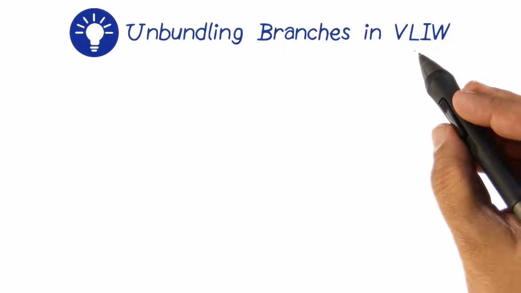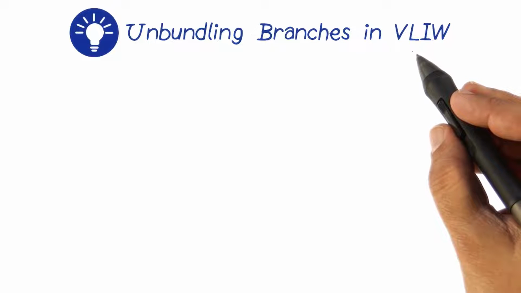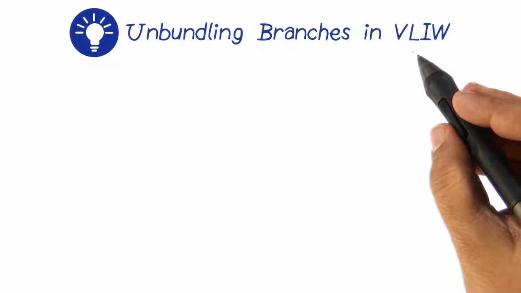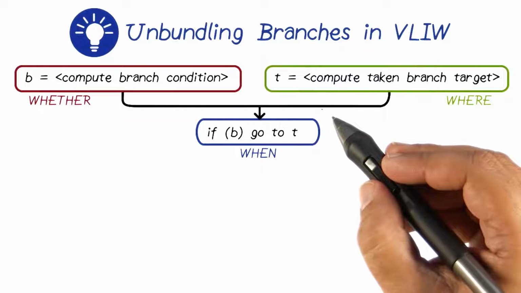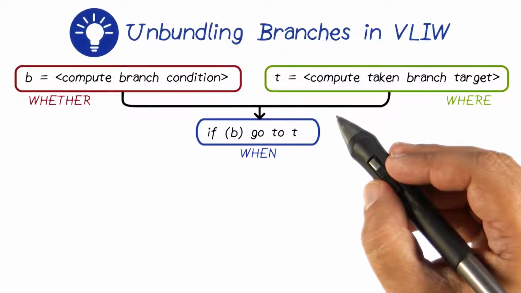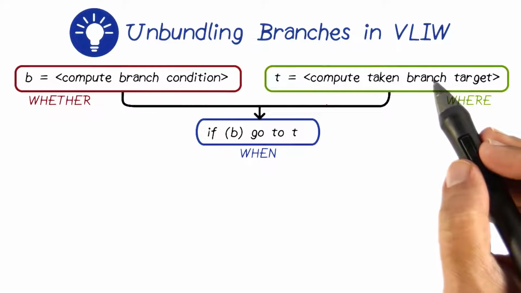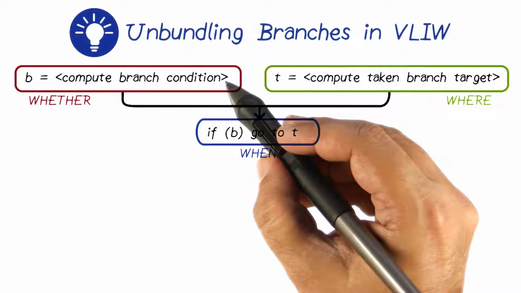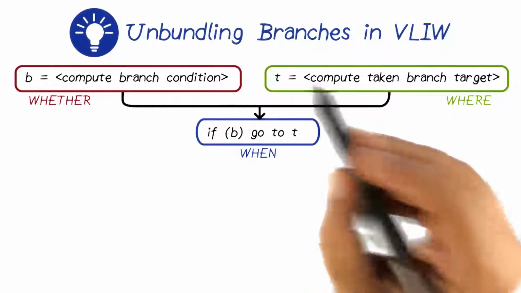And that brings us to yet another concept which is really important and which is followed in VLIWs, what is called unbundling of the branches. Let us take a look at the important concept of unbundling. Typically, in a branch, there are three things which are involved. First is compute the branch condition.